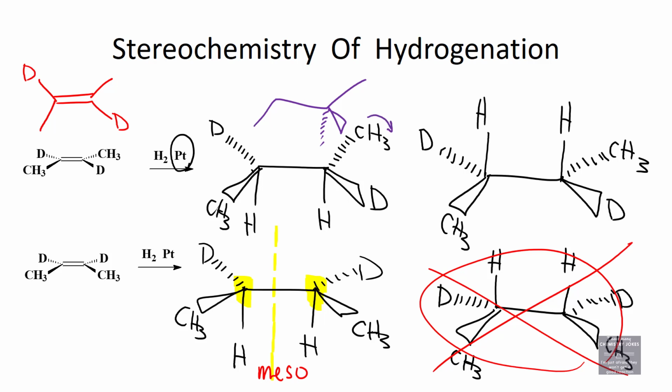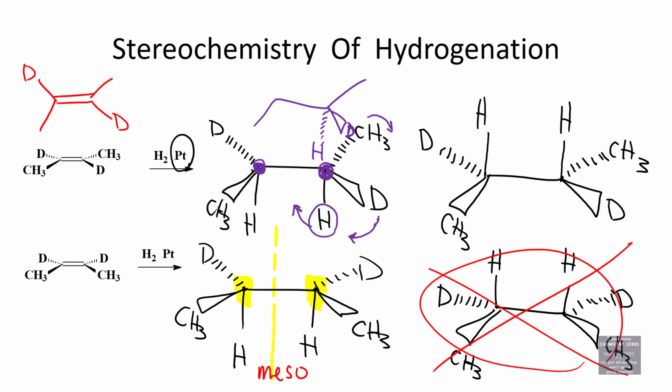Methyl comes forward a 60-degree tick. That's going to push deuterium a 60-degree tick, but it's actually still coming out toward you. That pushes hydrogen a 60-degree tick to back behind the plane. All I did was rotate a tiny little fraction around this asymmetric carbon.